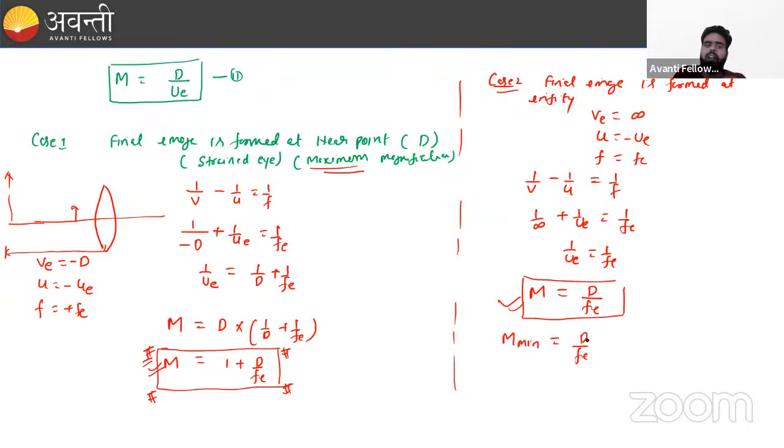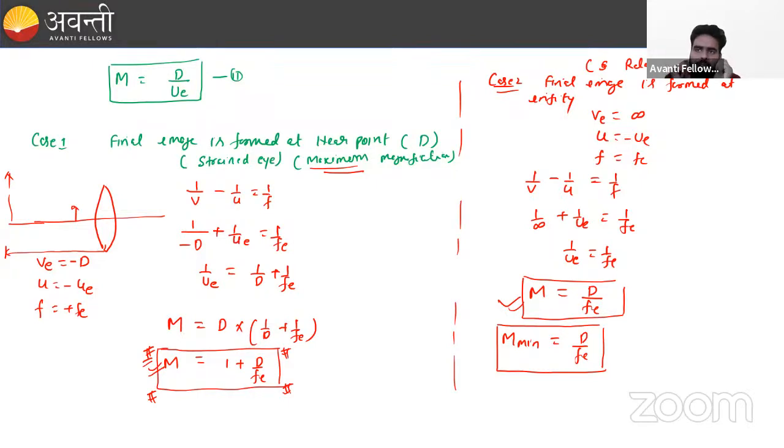But when the final image is formed at infinity, the human eye is relaxed. There is no strain generated in the human eye. This type of magnification is also said to be the case of the relaxed eye. This case is also known as the relaxed eye.